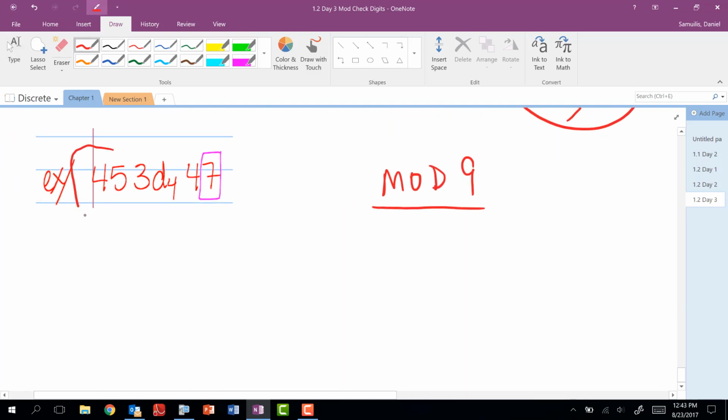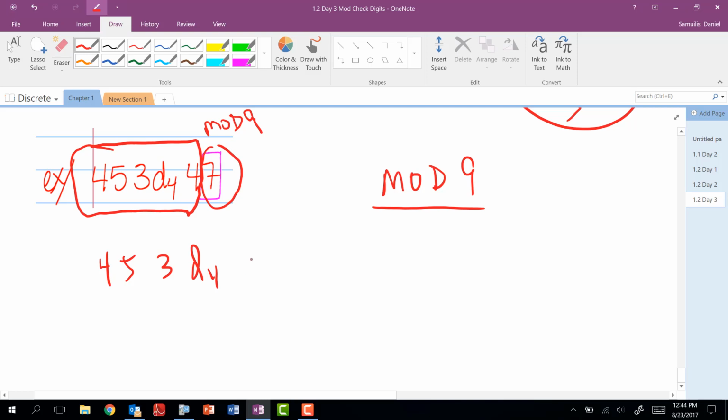So what I would have to do is mod 9 all of these previous digits, and mod 9 of all these previous digits should equal what, everybody? 7, Mr. Samuelus. So what I could do is this: 4, 5, 3, D4, 4 equals 7 mod 9, meaning when I mod 9 all the previous digits, I should get a 7.